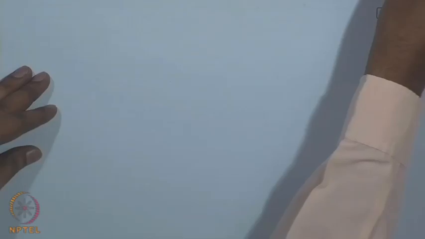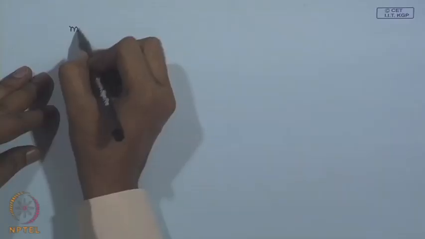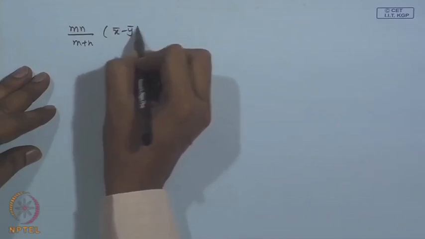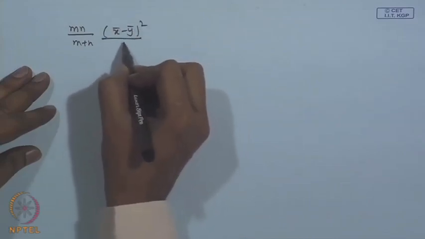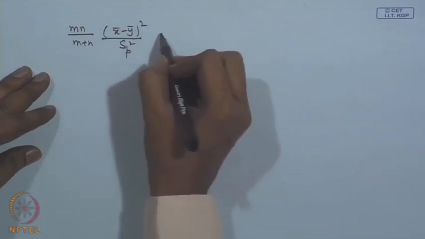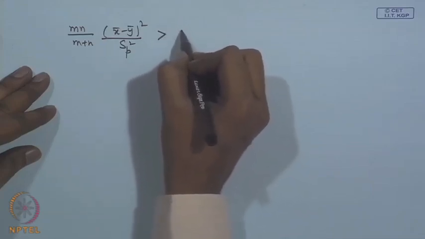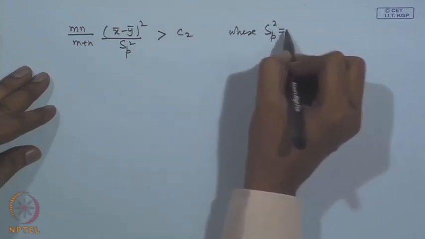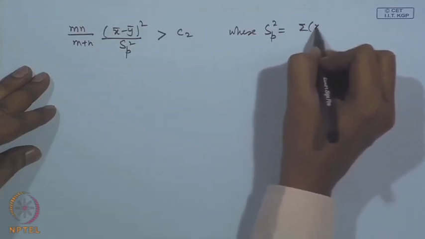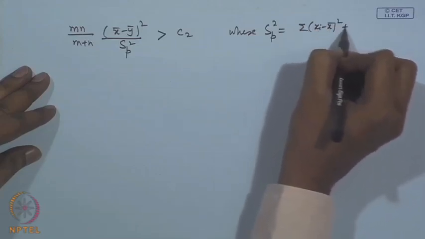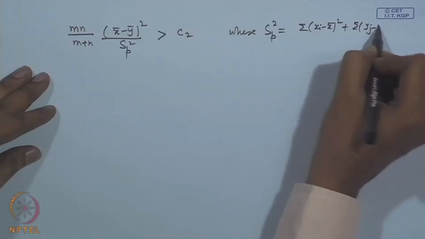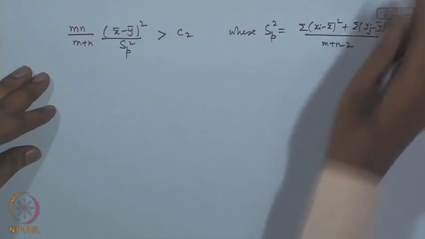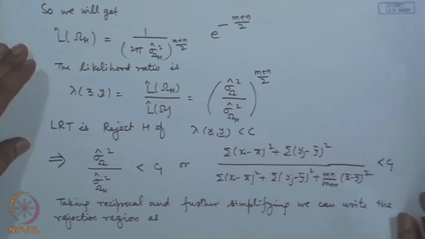So, I get the term m n by m plus n times x bar minus y bar square divided by S p square greater than some C 2, where S p square is the pooled sample variance, that is sigma x i minus x bar square plus sigma y j minus y bar square divided by m plus n minus 2.